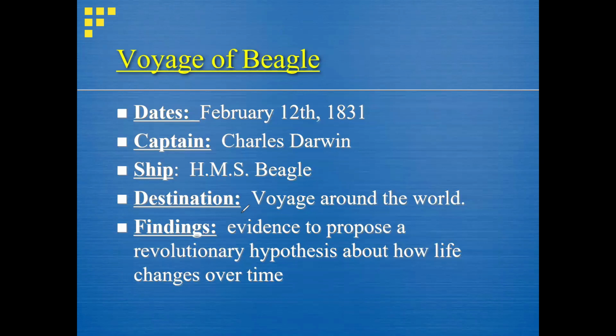The date of the traveling is February 12th, 1831, the naturalist is Charles Darwin, the ship is HMS Beagle, and the destination is a voyage around the world. The findings he made are called the evidence to propose a revolutionary hypothesis about how life changes over time.